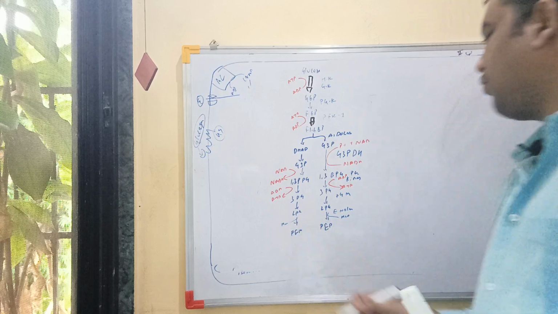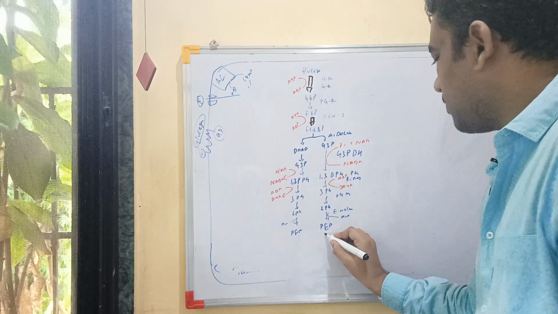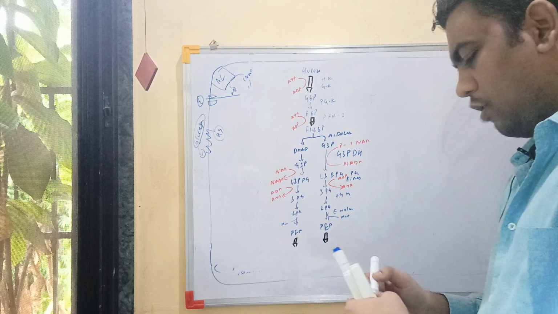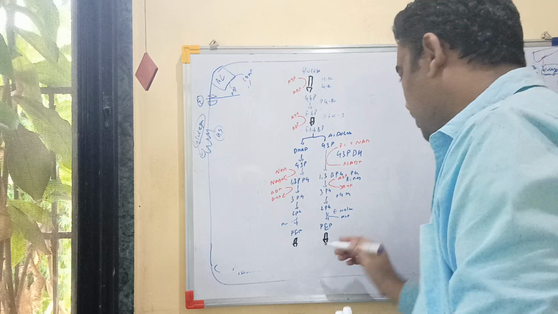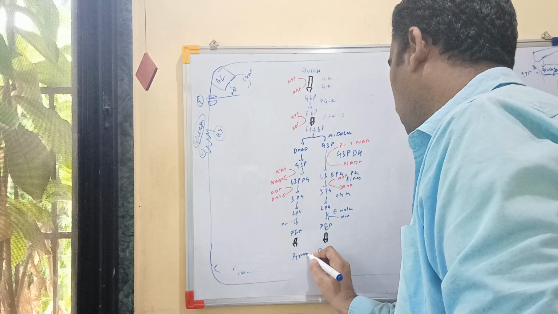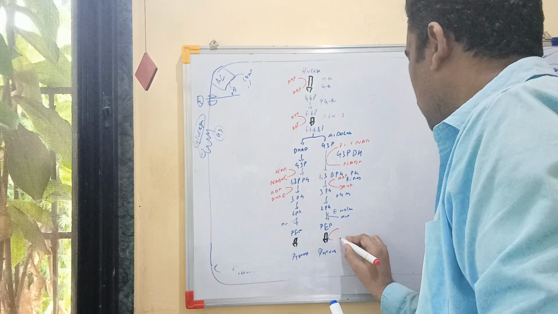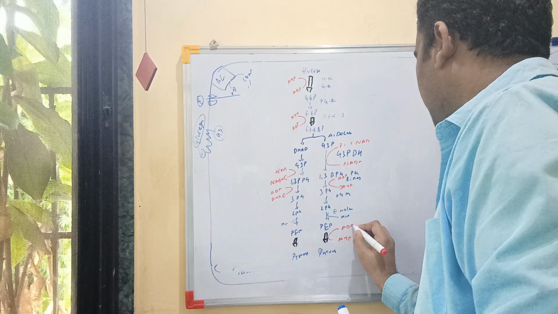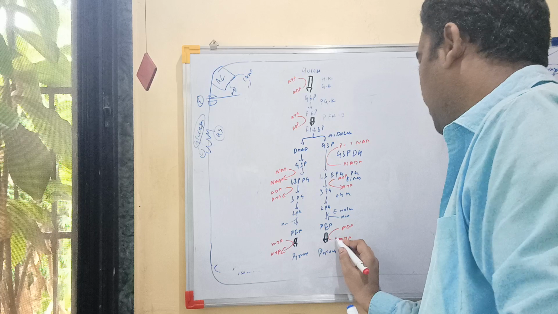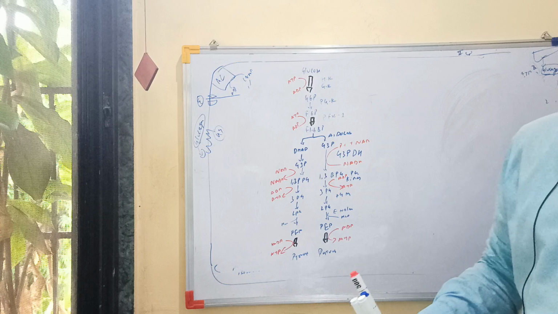So we have two molecules of phosphoenol pyruvate, and from this we will get two molecules of pyruvate. Here there is one more ATP to ADP. We have got one more ATP.